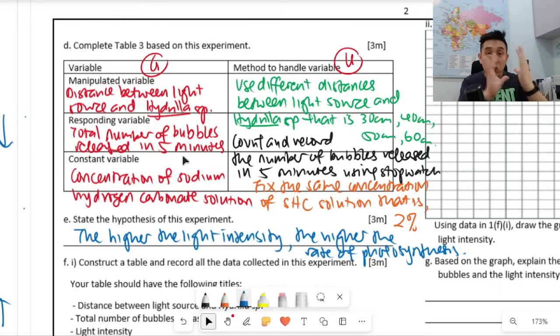Okay, the distance shorter, more bubbles are released in 5 minutes. So be very clear and don't jumble it up, whereby one you write light intensity, another one you write number of air bubble. Guys, kelentung already, the whole thing is not good anymore. Okay? Of course, in your KSSM, this is 1 mark lah. In your KSSM, the questions are normally 1 mark or 2 marks. Of course, value will be much higher, graph is a bit higher.